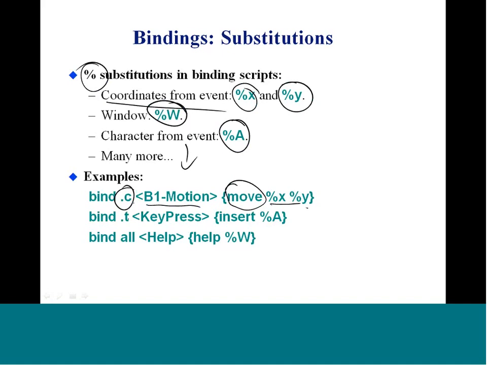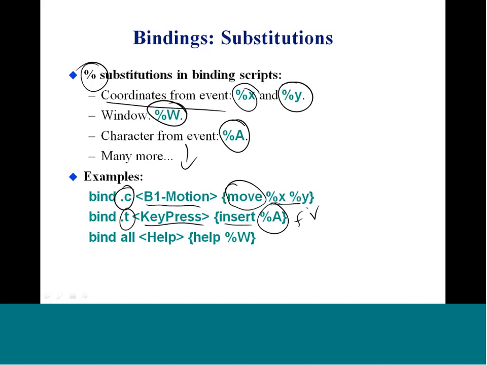And then for another window there is a KeyPress, and we insert the character that is defined by the key press itself. So if you press F, this is substituted with F. If you press R, this is substituted with R. Things like that.